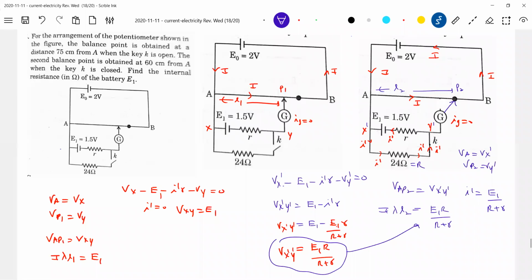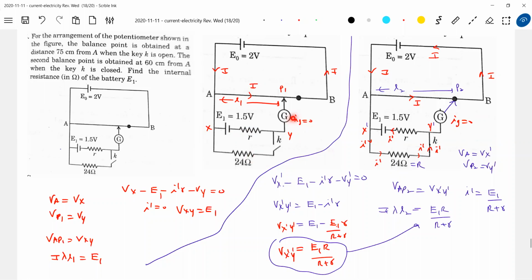So what is your potentiometer? No concept, nothing. Only thing is current through the galvanometer is 0. If any resistor is there, a current will flow. If there is no resistor, no current will flow. Key is open, no current will flow.